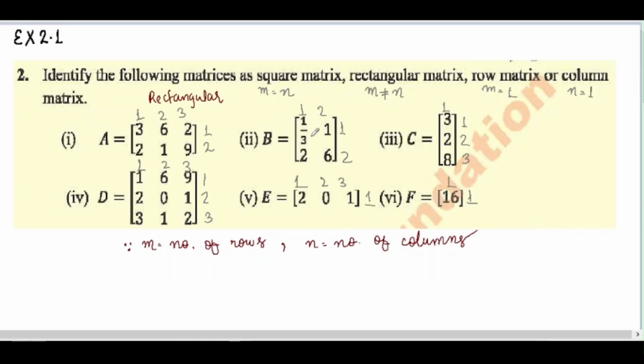Okay, now this one, the number of rows is 2 and the number of columns is also 2, so m equals n, so it is a square matrix. Here the number of columns is 1 and the number of rows is 3, so m is not equal to n, but m equals 3 and n equals 1. So when n equals 1, it is called a column matrix.